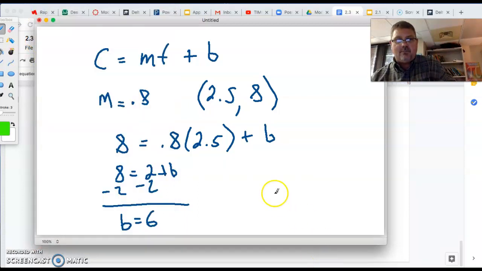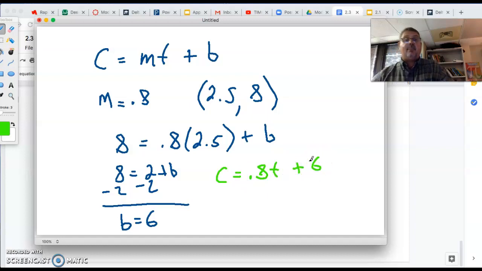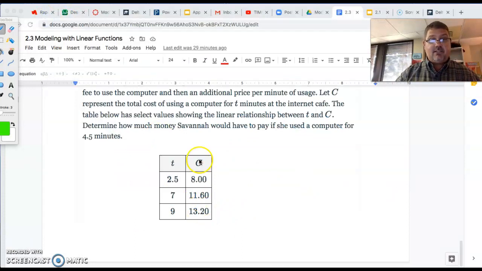So our function, our final job here, is c equals 0.8 t plus 6. And this is built to make predictions. Remember, this is going to give me a cost for any time that I want. And the question was, how much does it cost for 4.5 minutes?